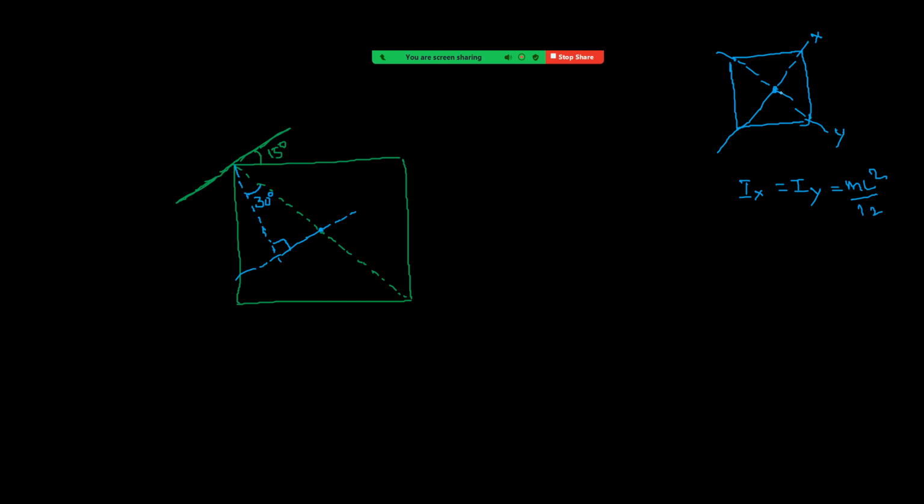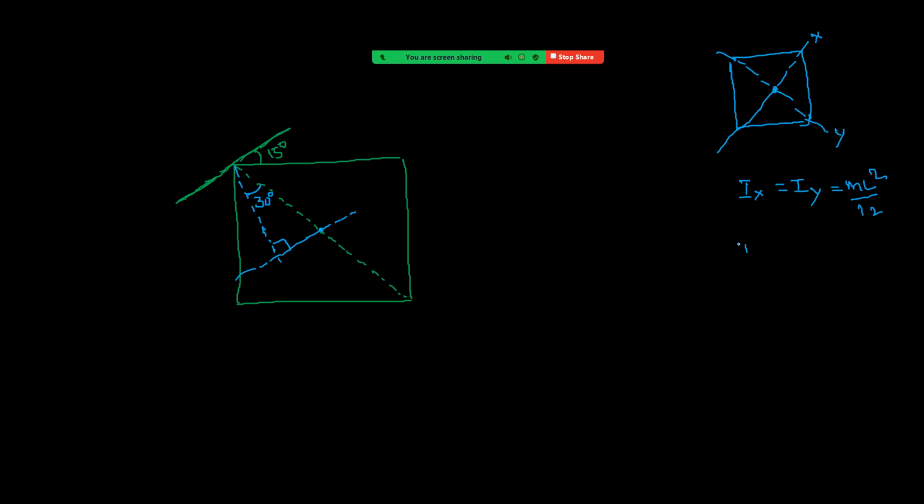Okay. So now what I'm saying is rotate this axis. When we rotate now these two axes, still Ix and Iy will be the same, which is equal to ML square by 12.